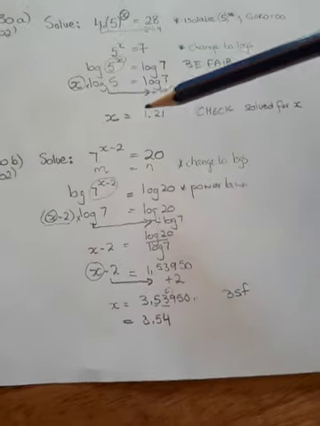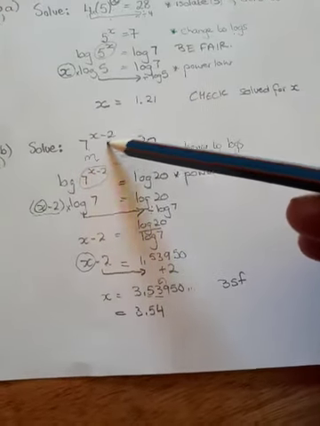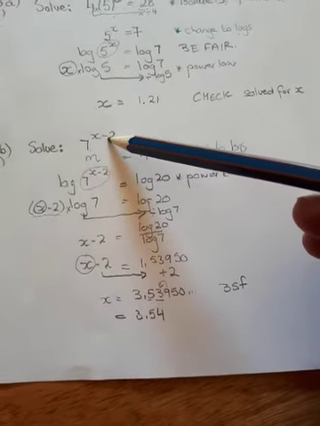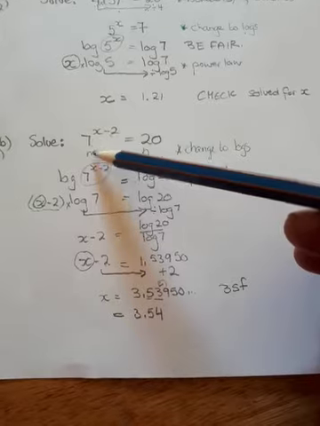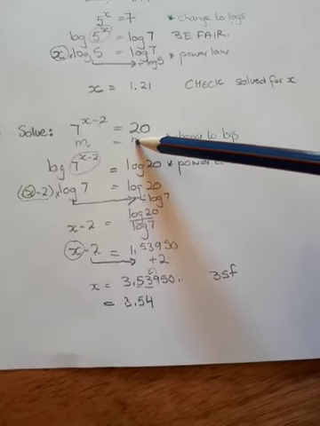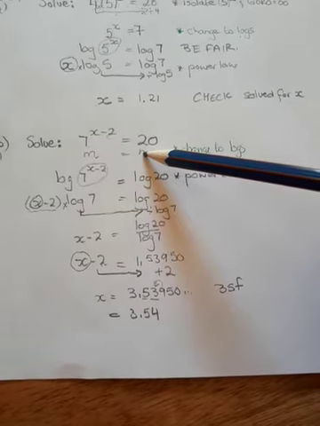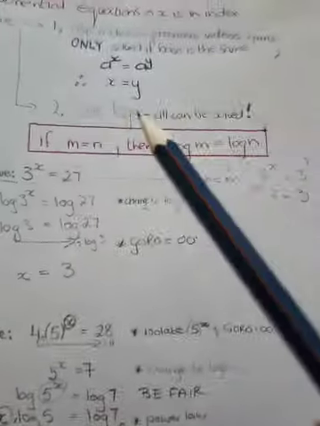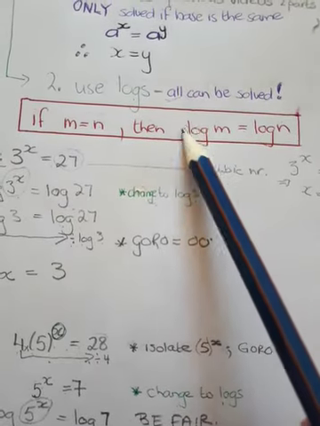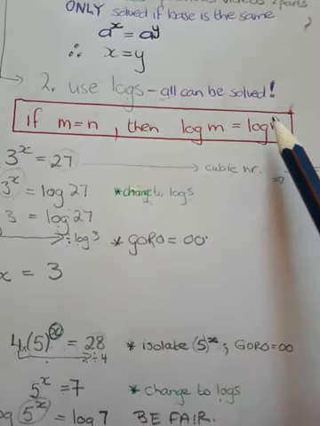So what have we done with all of these examples? In all of these examples, we isolate x, which will be in the index on its own, so that we have m, and then all the other numbers on the right-hand side, so that we have n, so that we can then apply the law. If m equals n, then we can take the log, so log m equals log n.